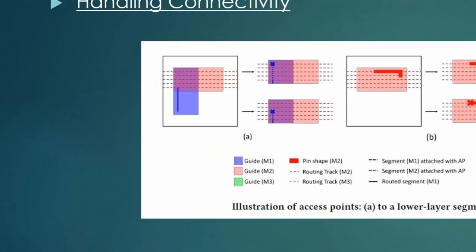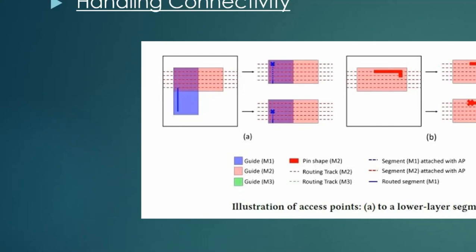In this case, the dashed lines are the routing tracks for metal 2, and the solid line which you see in the purple box is the routing which has been completed for metal 1. If you remember, I told you that it's inter-layer, sequential routing: only if the lower layer routing has been completed will the upper layer routing take place.